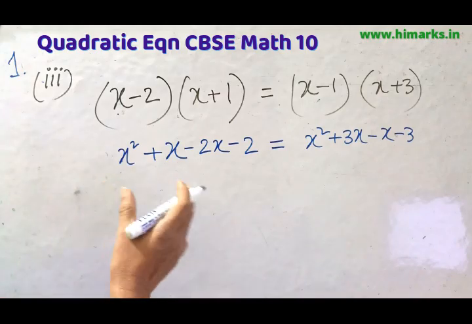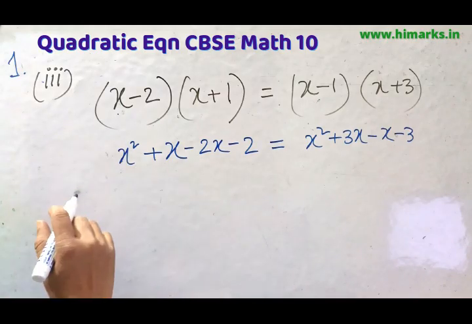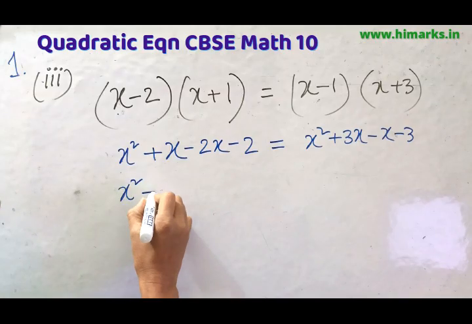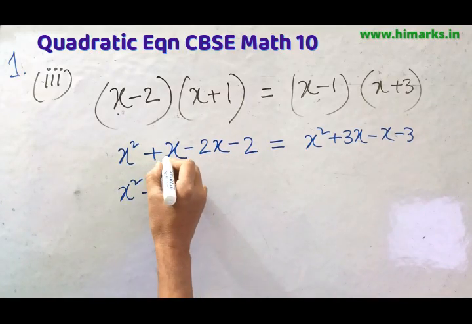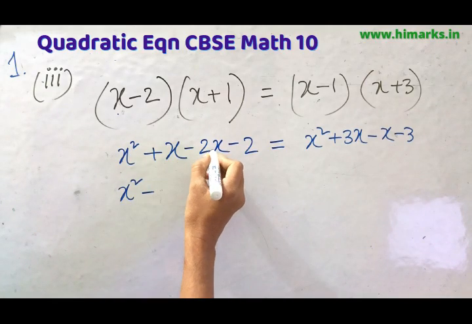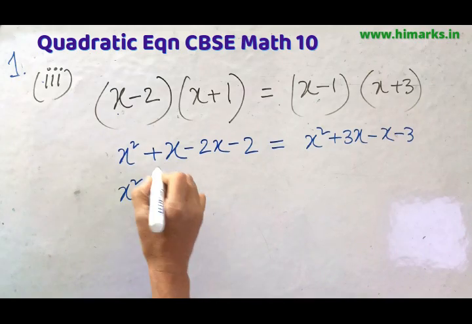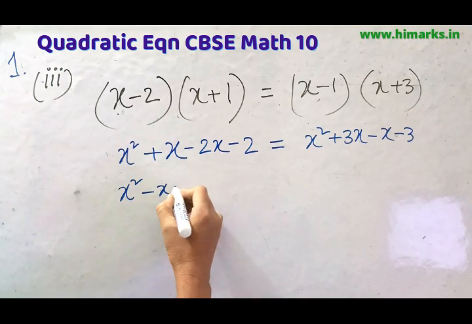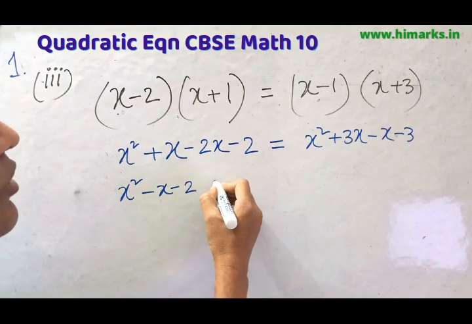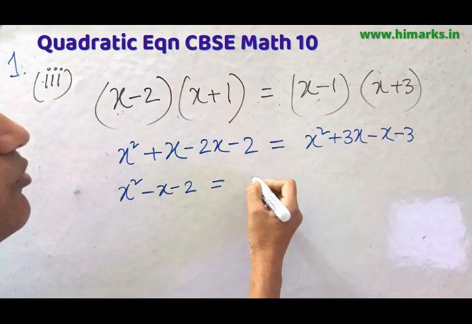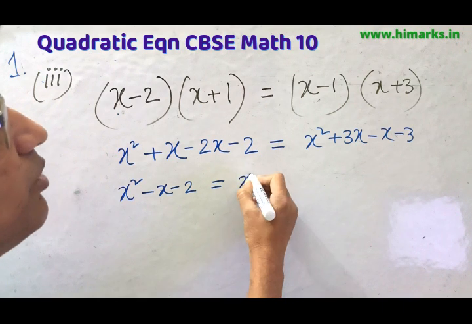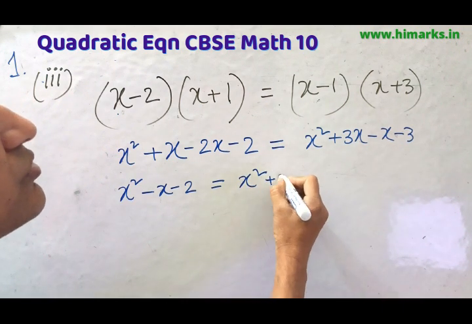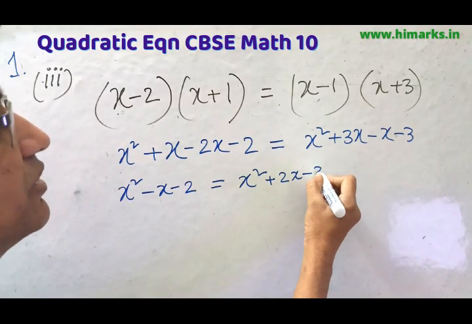Okay, now bring everything to the same side. Before that we can simplify: x and minus 2x is minus x. In this step we will not bring anything to this side; we will simplify both sides. So minus x, then minus 2. 3x minus x is plus 2x, and minus 3.